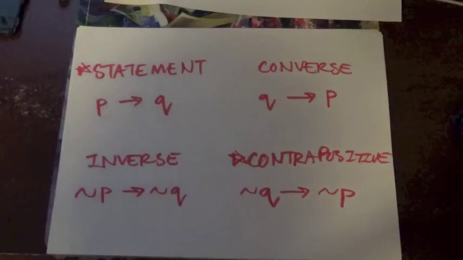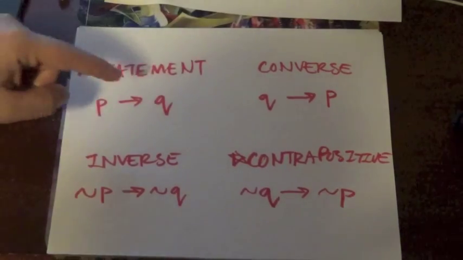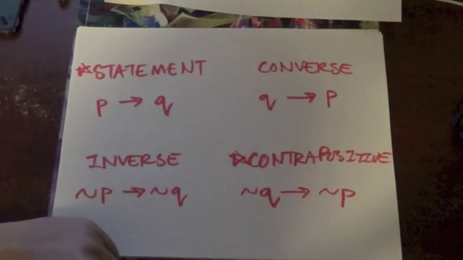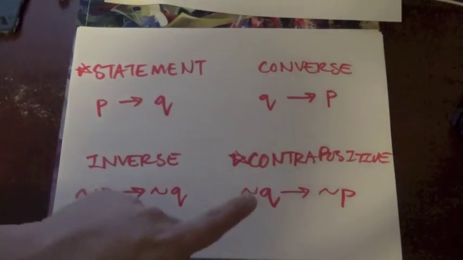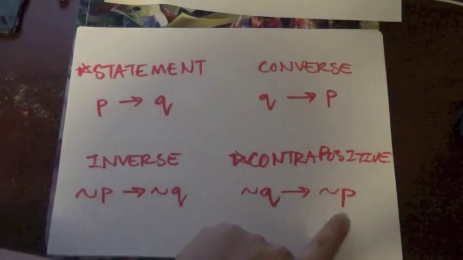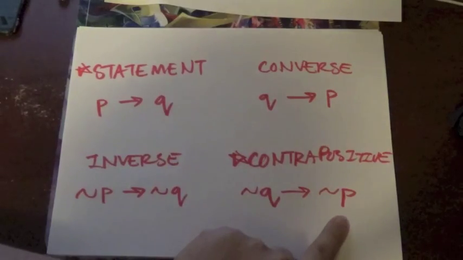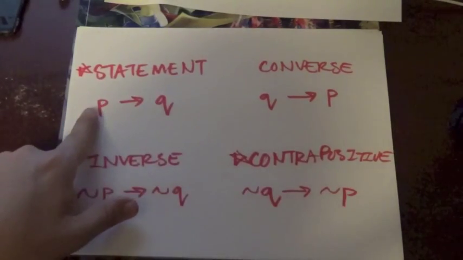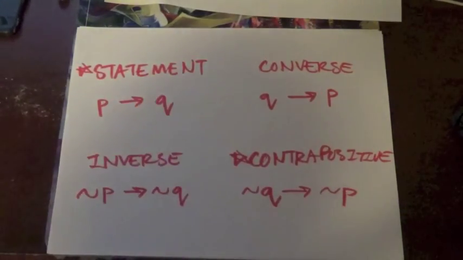Let's take the statement, if you are on math team, then you are cool. The contrapositive, if you are not cool, then you must not be on math team, has to be true, because if you were on math team, you would be cool.